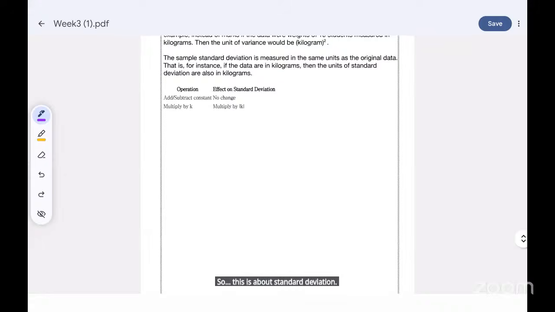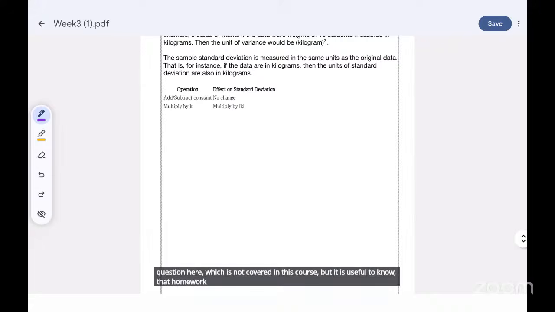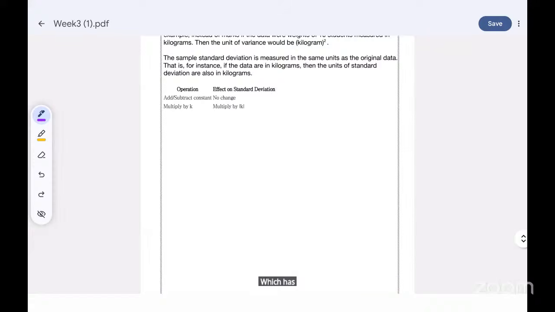Maybe there is one interesting question here which is not covered in this course, but it is useful to know. That is homework, everyone note down. What is the measure of dispersion which has no unit? At least this one, you see, has some unit.